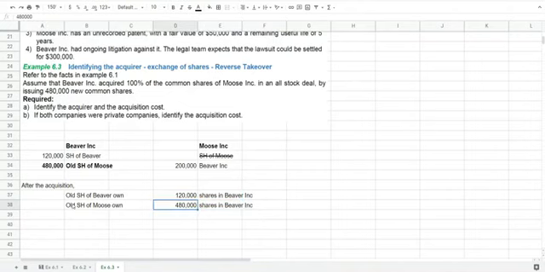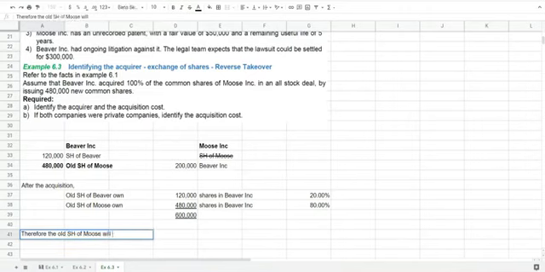So out of a total of 600,000 shares, you're talking about 120,000 out of 600,000. We're talking about 20% being owned by the former shareholders of Beaver, and the rest, 80%, is owned by former shareholders of Moose. So who will have control now? It is the old shareholders of Moose who will be in control after this deal.